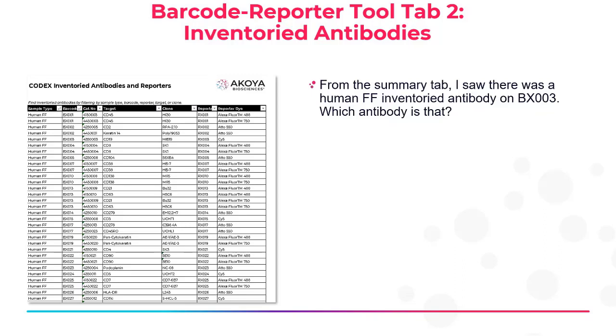Which antibody is that? Well, first I can sort by sample type to only bring up my human fresh frozen antibodies. Then I can look for barcode BX003, and looking across the row, I can see that CD19 is conjugated to BX003. The part number can also be found here in case you would like to purchase this antibody.